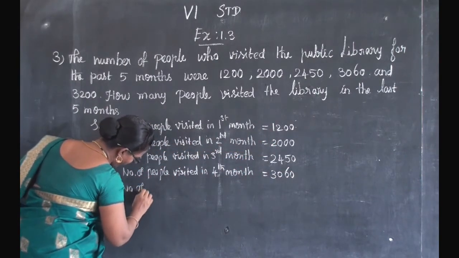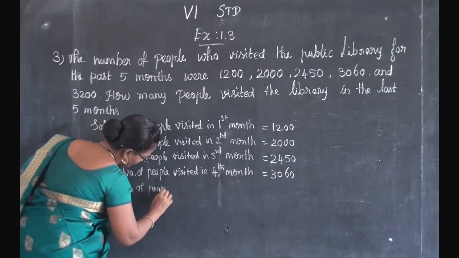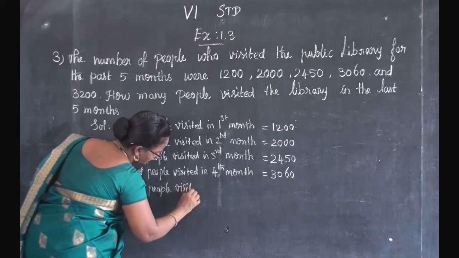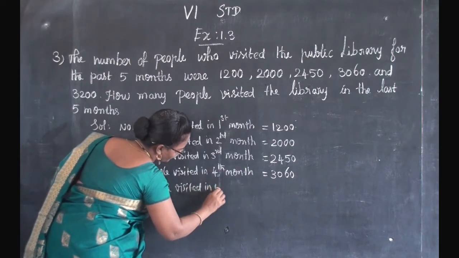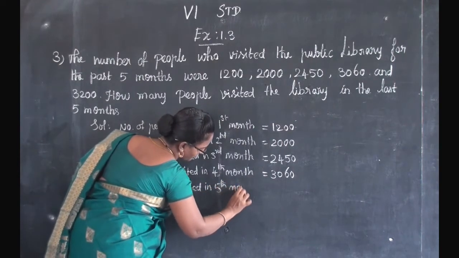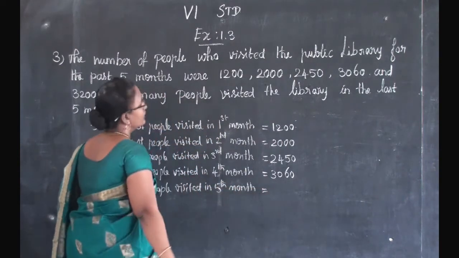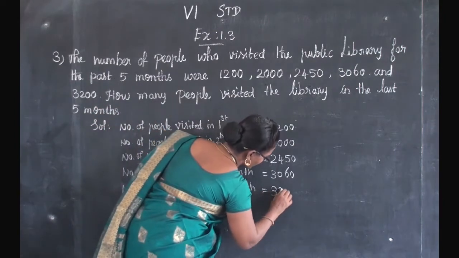At last, the number of people who visited in the fifth month, that is 3,200.